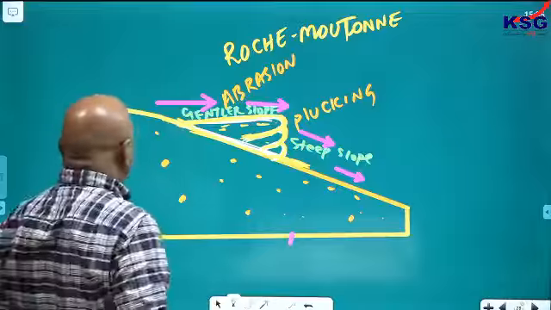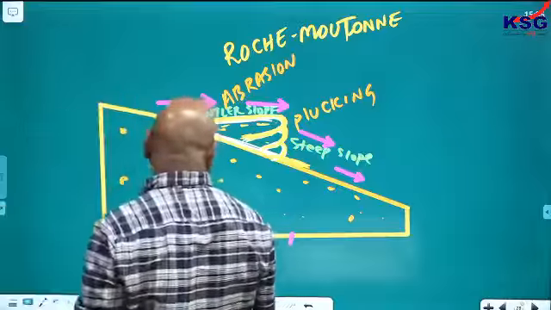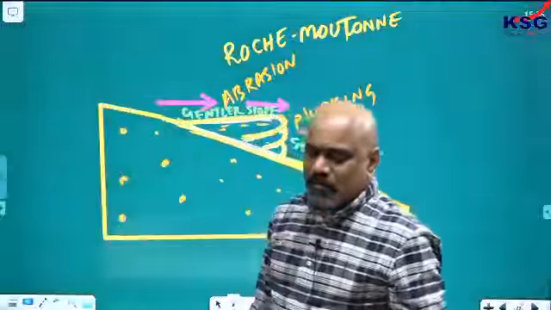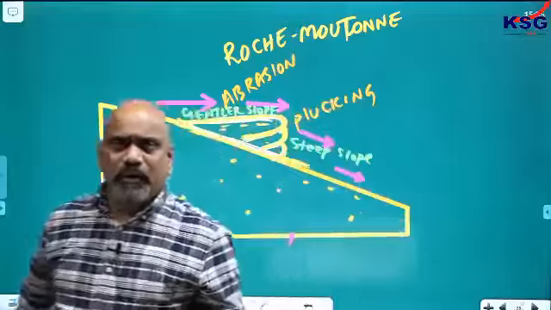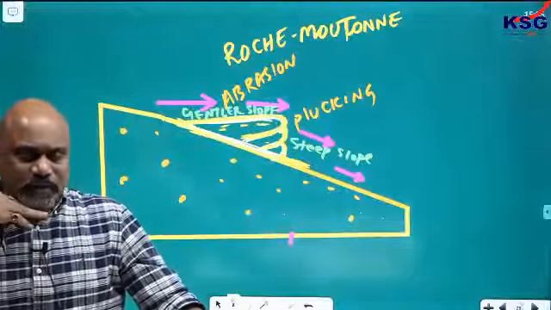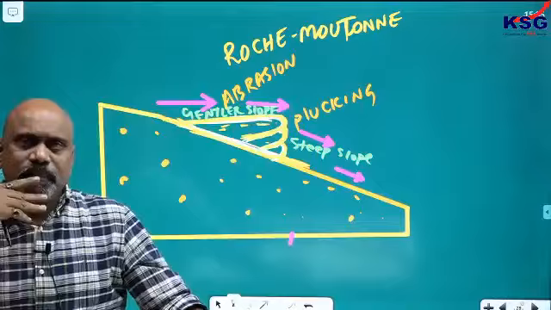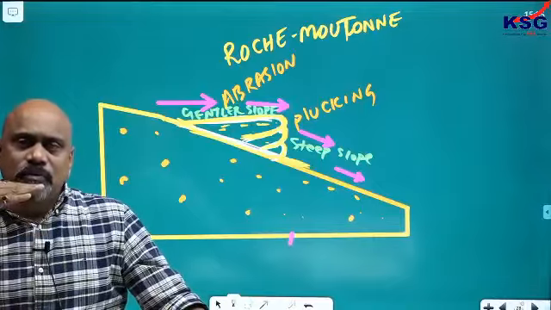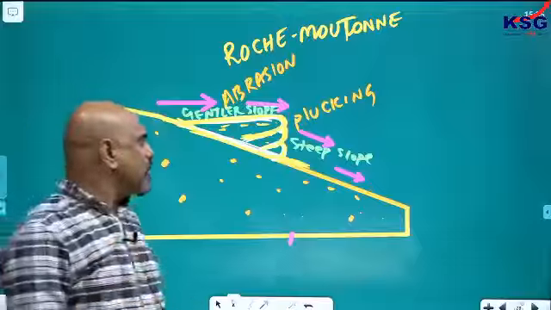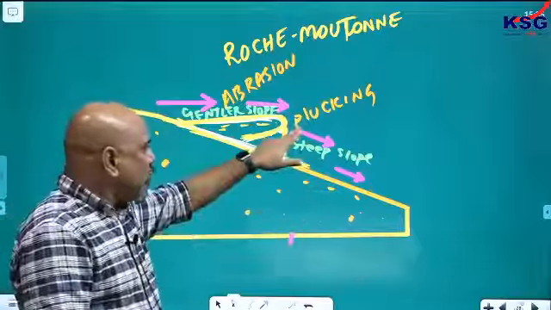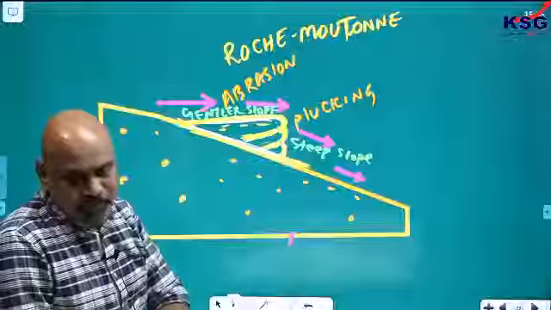It is mostly in the low lying area that you will find it, where the glacier's movement is not quick, so it moves gradually. That's why plucking takes place.